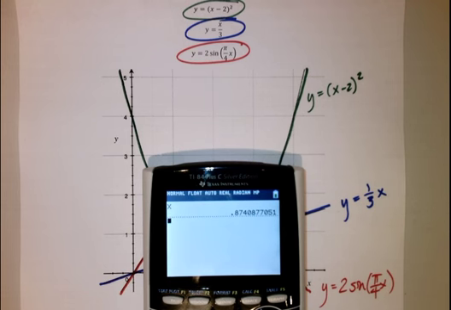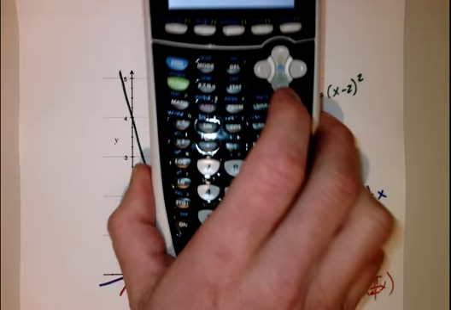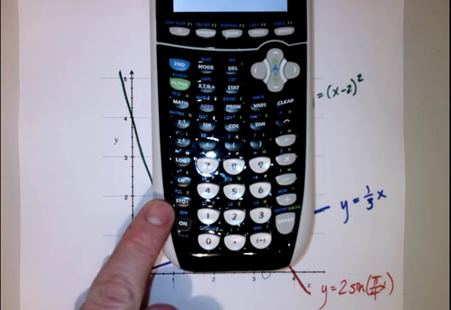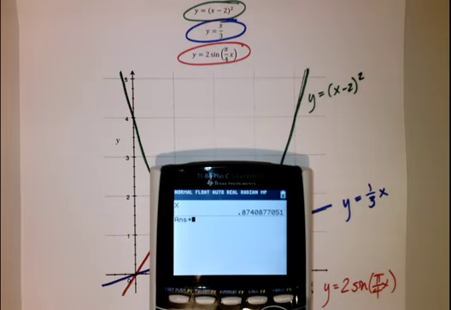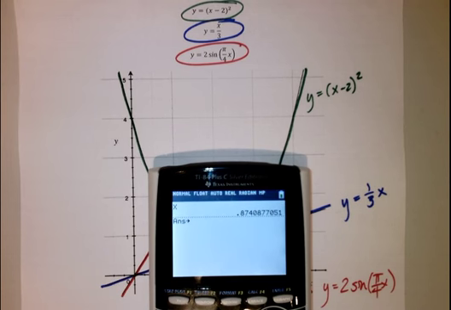Since this is the left-hand side of the interval, I would take that answer and store it. Store is this button right down here. Press STO, and then you can store it into any one of the letters. Since we're used to using A for the beginning of our interval, let's store it into A.